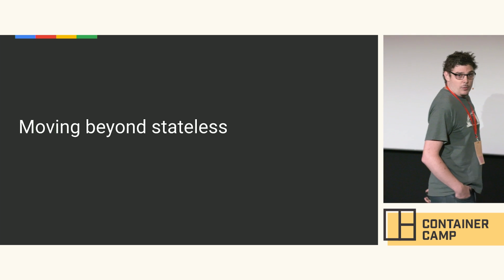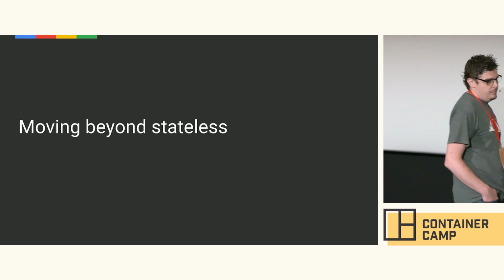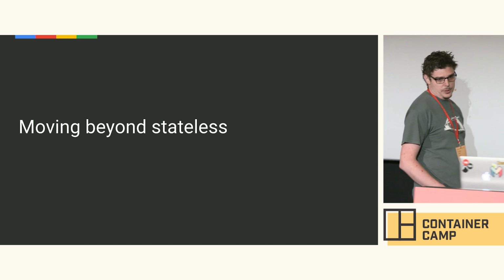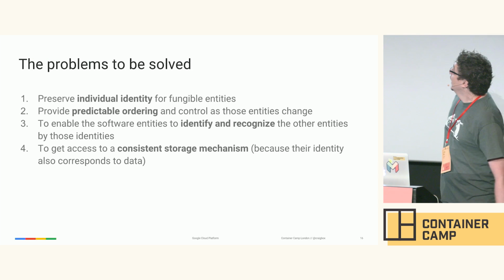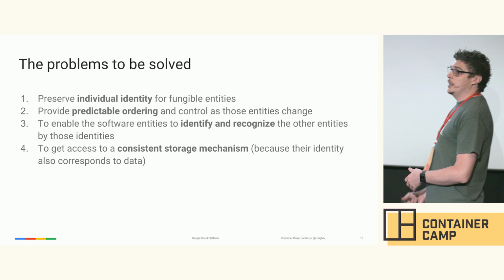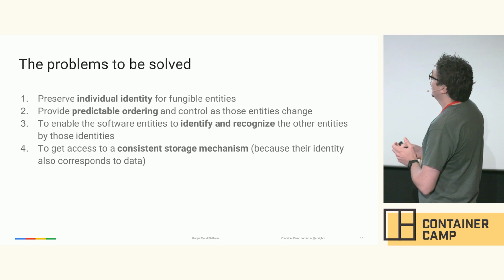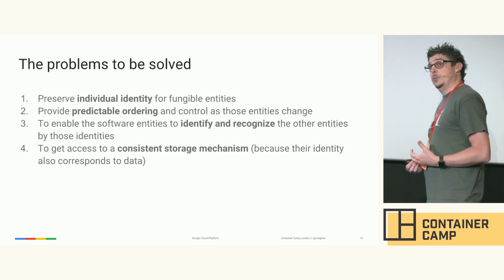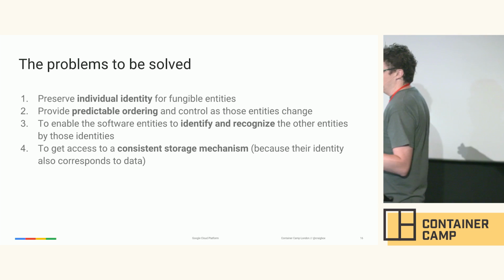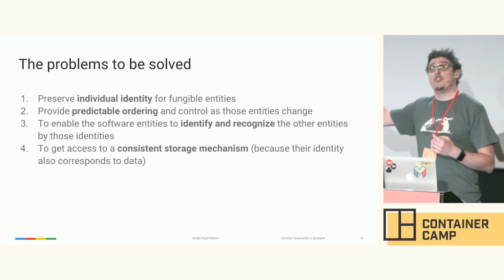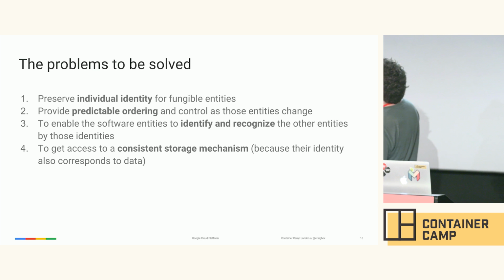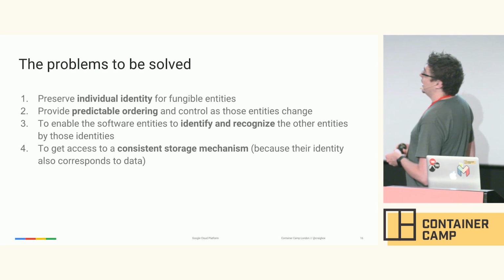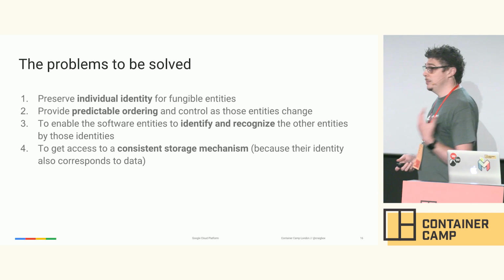So of the 2 topics I wanted to address today, the first one is moving beyond stateless workloads. So what problems are we trying to solve? It's obviously very simple to run stateless workloads where we just throw however many replicas we want at the problem. But for a lot of cases, think things that need storage, think databases.